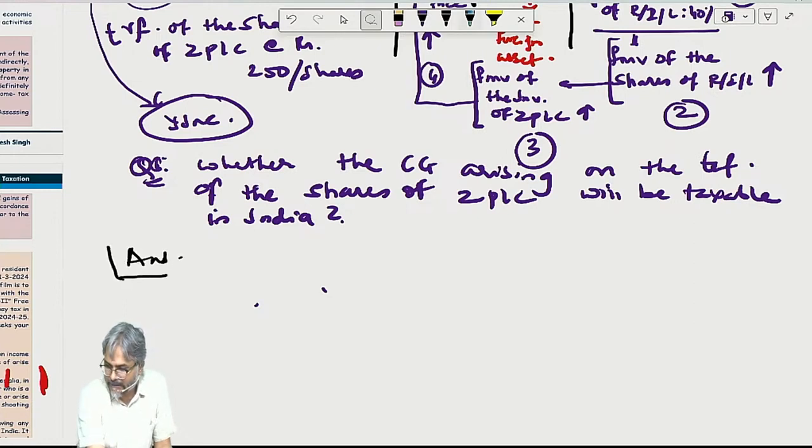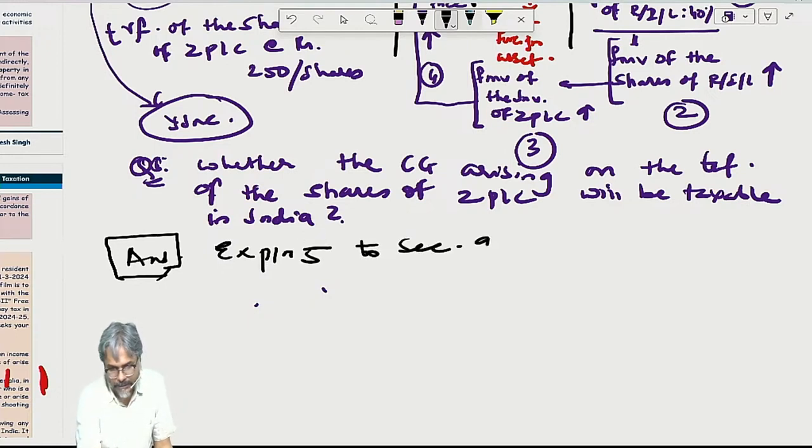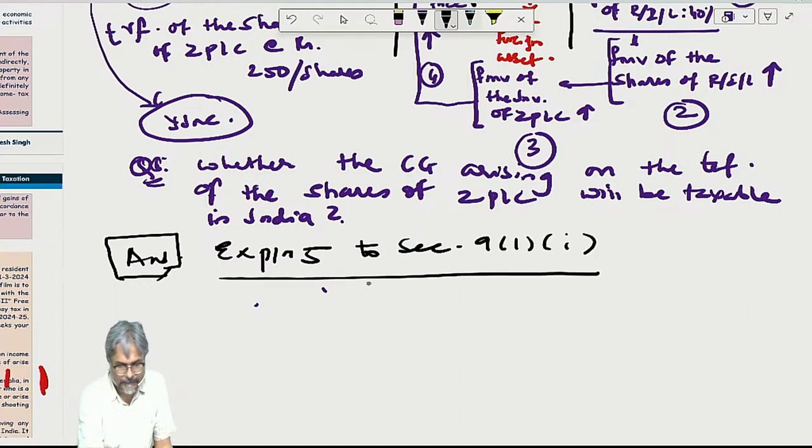That magical provision: Explanation number 5 to section 911. Explanation number 5 to section 911.